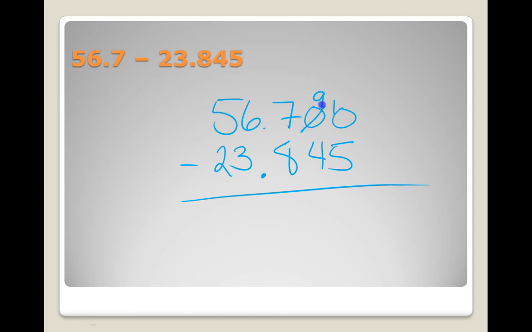That makes this 9, and that makes that 6. So that's 5. That's 5 as well. I have to borrow, you get 16, and that gives me 8, 2, 3. Sweet. 32 and 855 thousandths.